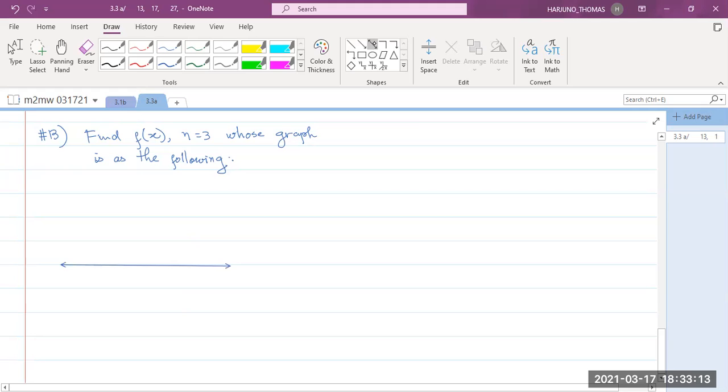And you will see what we really care about are actually the x-intercepts and y-intercepts. The x-intercepts are (-1, 0). The y-intercept is (0, 3.5).